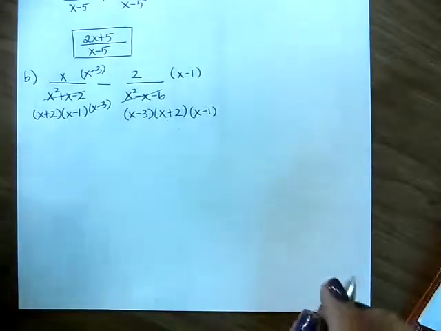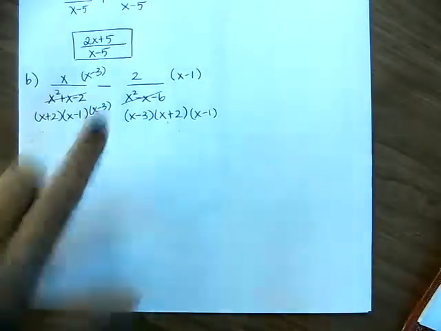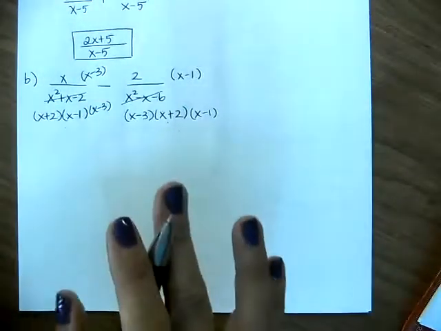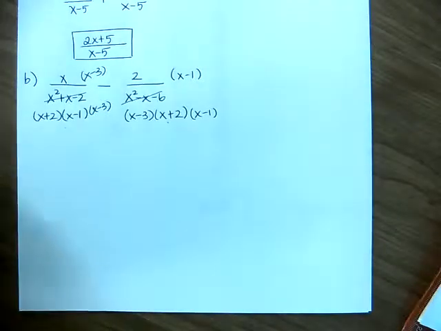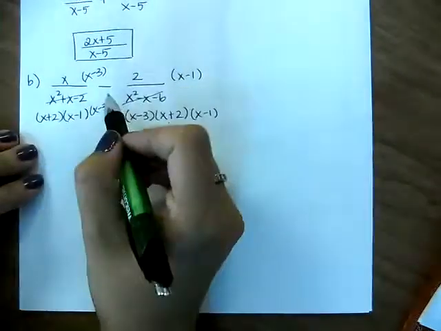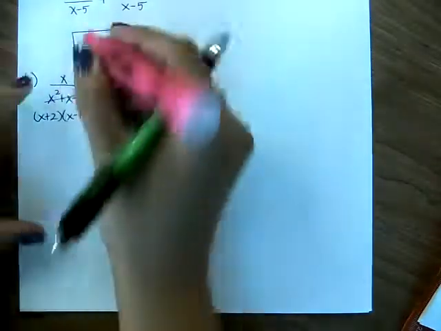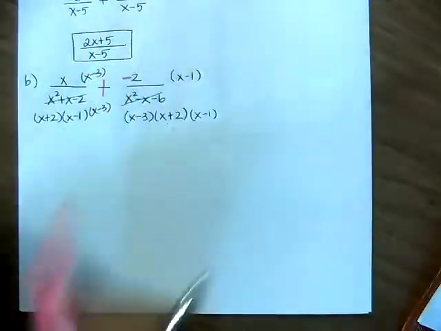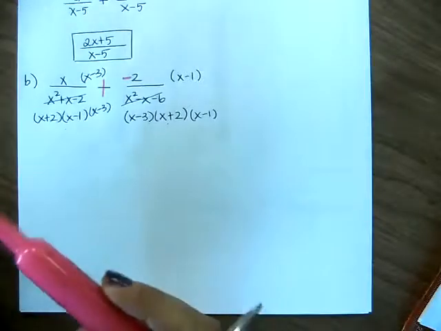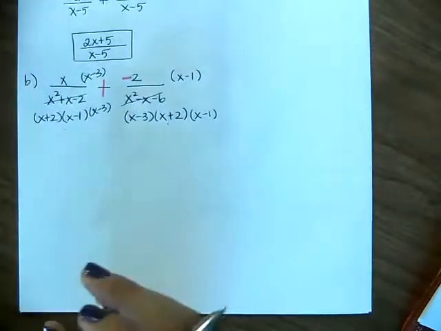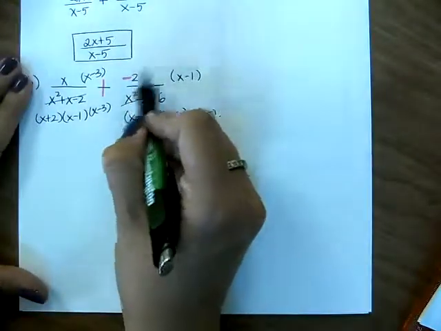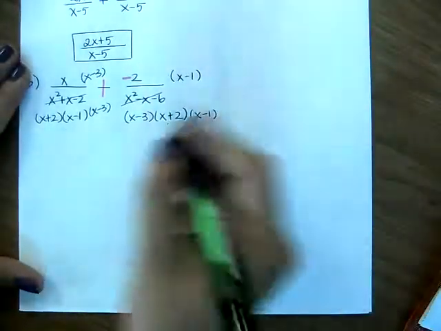Now here's another note. This was a minus, okay? We really need to be careful that this gets distributed to that 2, all right? So I'm just going to make myself a note here. This is really like a -2, okay? Because you want to make sure this -2 gets distributed to both of those terms.